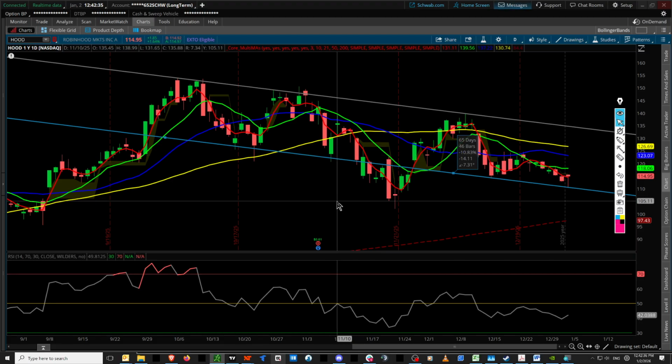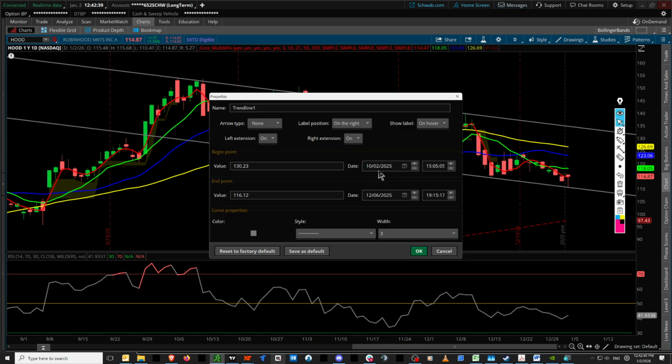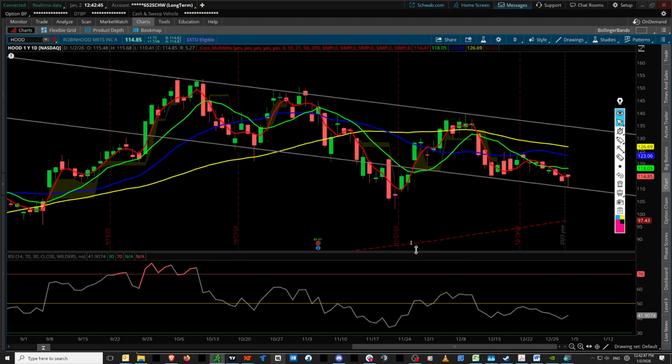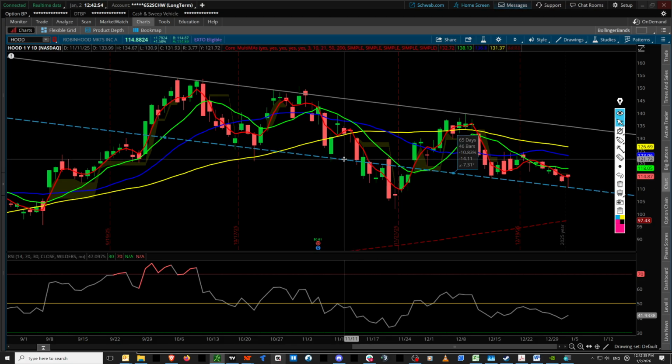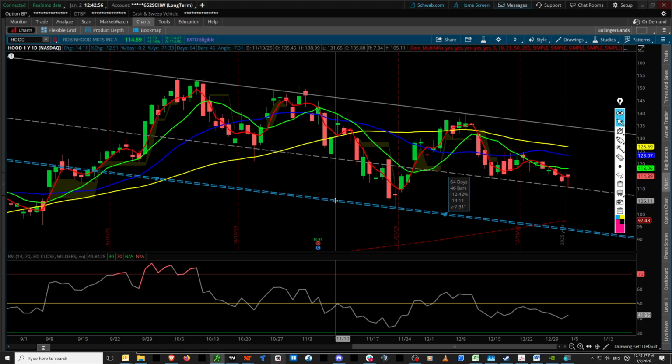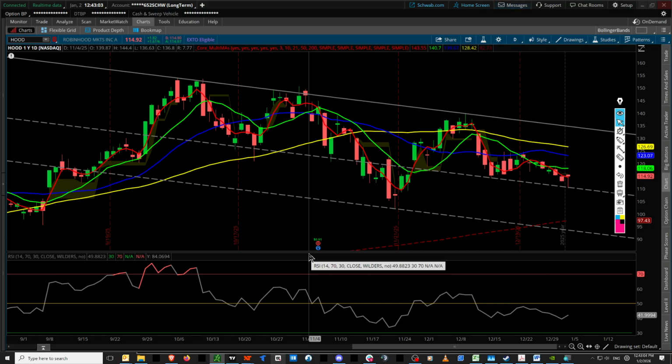And in fact, I could put 3 on here. It looks like it's rejecting higher and higher still. Now I'm going to duplicate. Okay. There we actually have multiple trends.